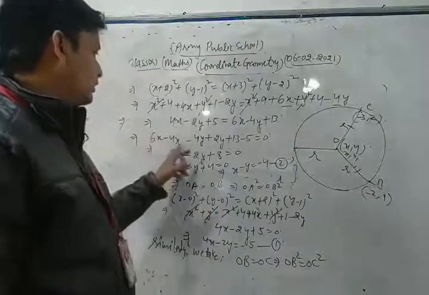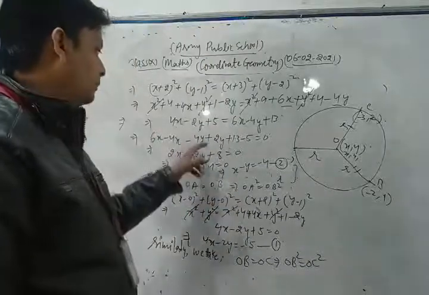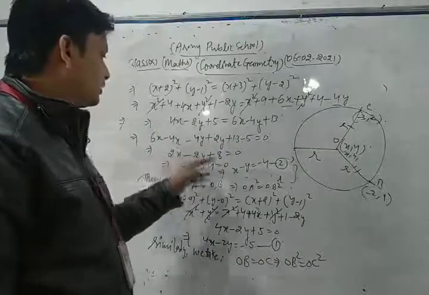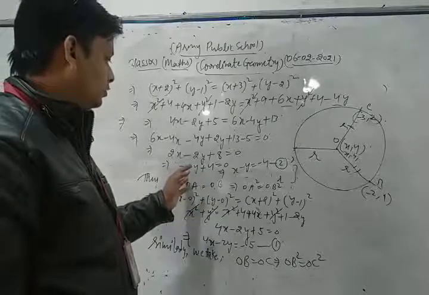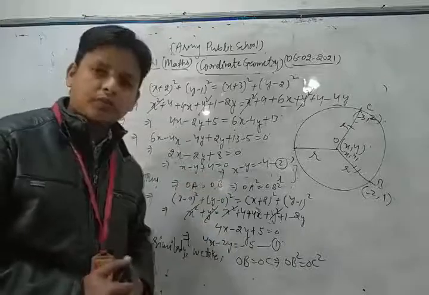Now 4x transfers; we separate the variables and constants, so we get 2x minus 2y plus 8 is equal to 0. Now we take 2 common, so we get our relation x minus y is equal to minus 4.